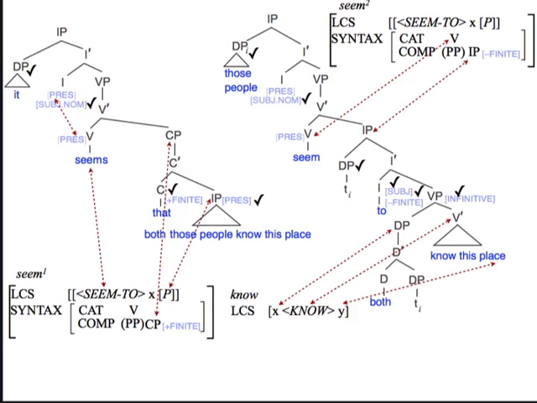There are problems here. Another possibility is that quantifier float really is quantifier float, that it can just float around, right?